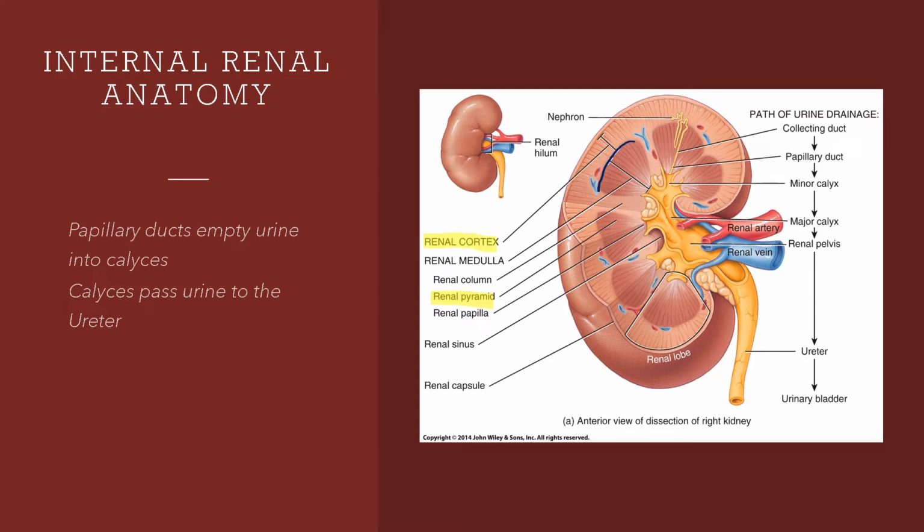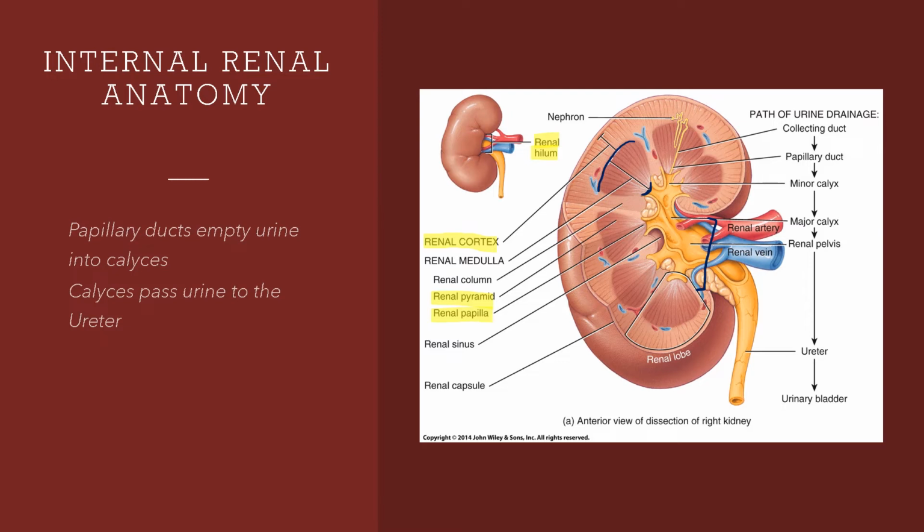And the apex of each pyramid, the narrower end down here, is called the renal papilla, which is labeled there. This points towards the renal hilum. Remember that renal hilum is this little opening, right here. Remember, this is where the blood vessels and the ureter enter.